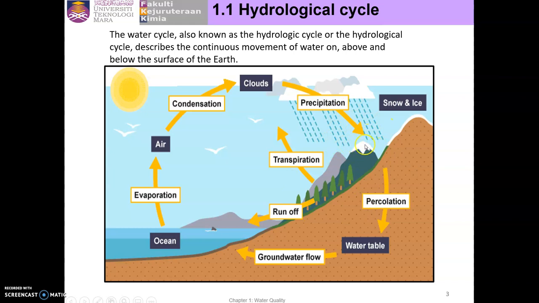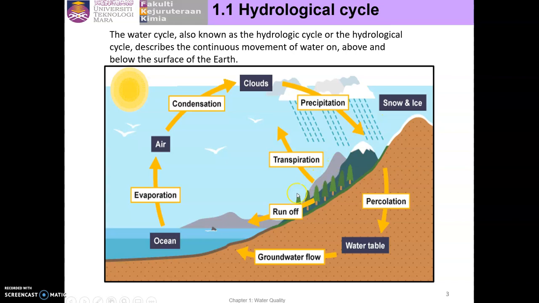So here, rain maybe percolate into the ground, okay, and then flow into the ocean. So we call it as groundwater flow. And some of the rain akan run off, okay, and then flow into the ocean.